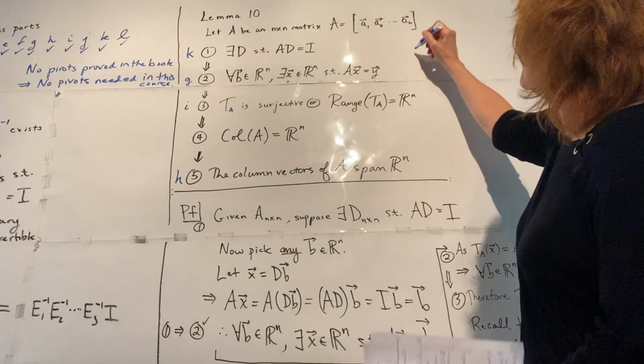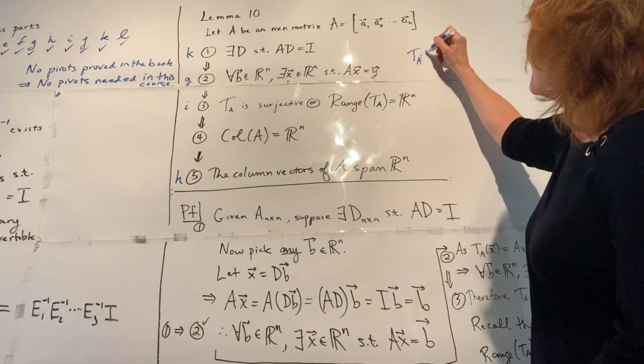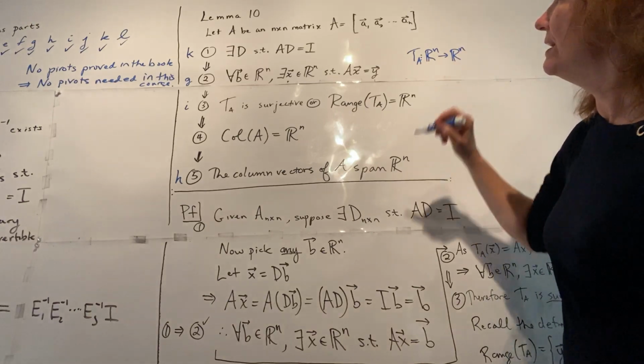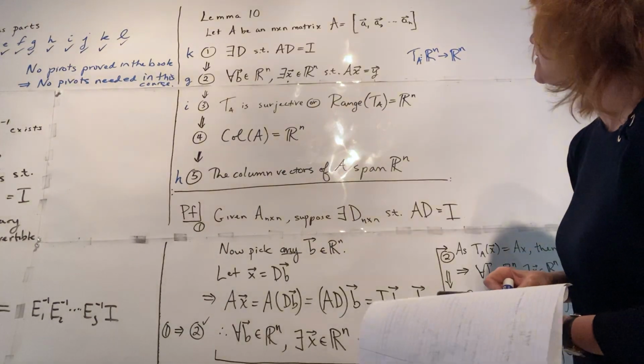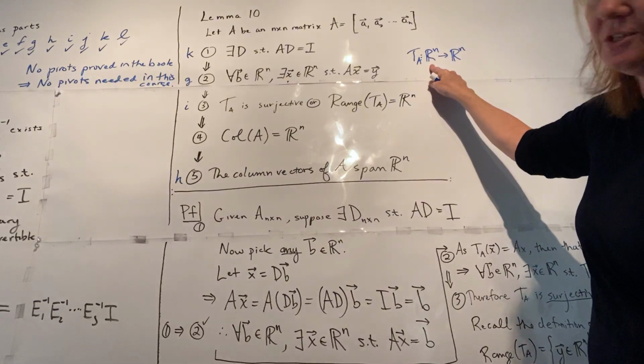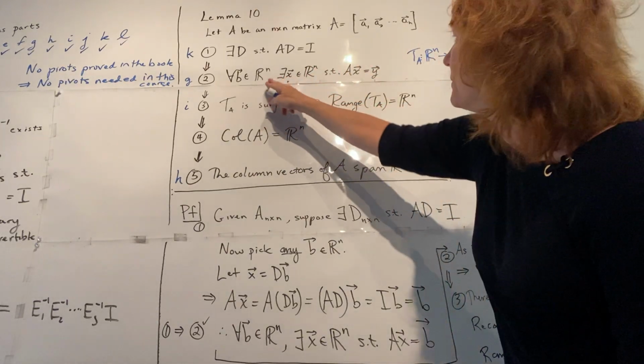So to show it is surjective, we just show that anything in the codomain has a preimage over here.